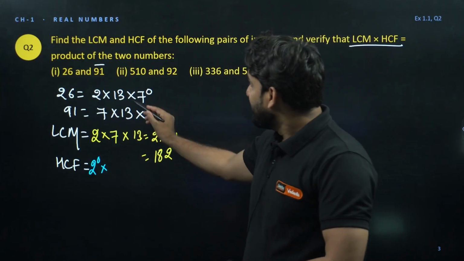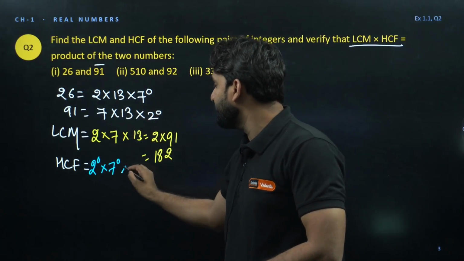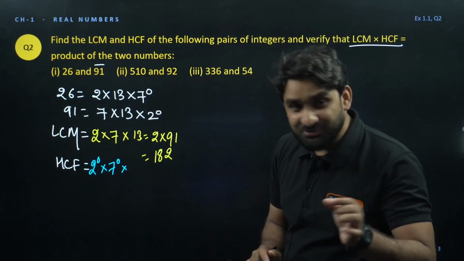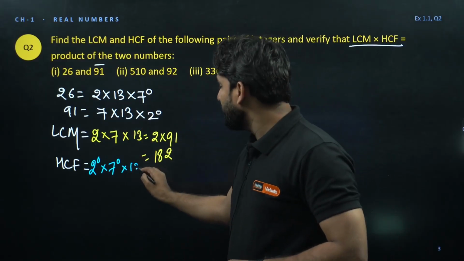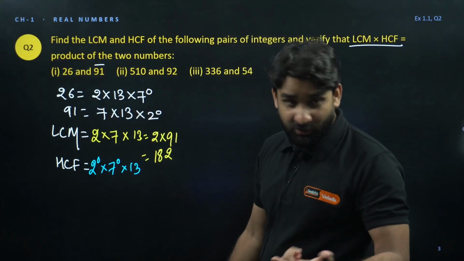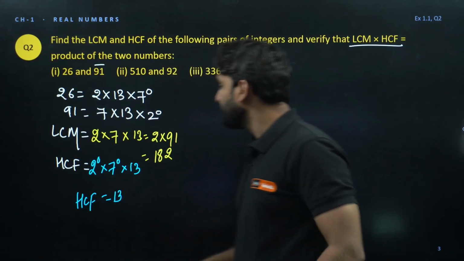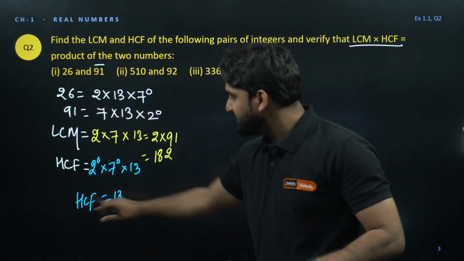Here 7 to power 0, 7 to power 1, which will come? 7 to power 0, the least power. 13 is common in both, and we know 2 to power 0 is equal to 1, and 7 to power 0 is equal to 1. So the HCF is 13. So the LCM is 182 and the HCF is 13.